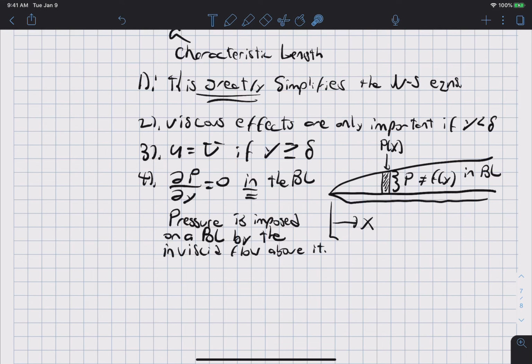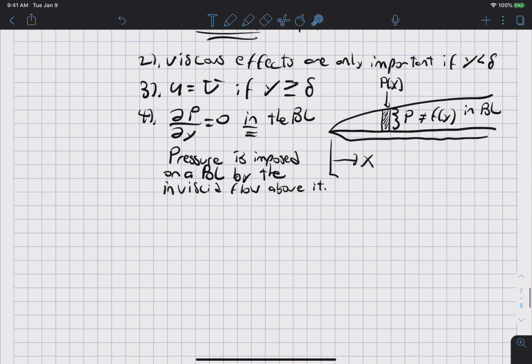Also you could sort of view this as the pressure basically squashing down on top of the boundary layer. And also in aerodynamics, if some of you choose to take that, you will learn inviscid flow theories where you can actually find this pressure as a function of x. Now, the thing about the boundary layer is that, as I said before, there's a no slip condition at the surface of the flat plate.